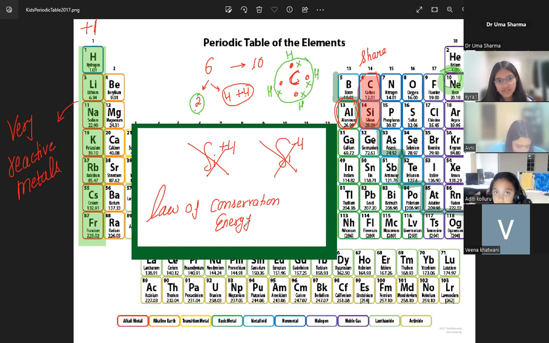Okay? So the energy of the complete universe is conserved. So the sun's energy would also be part of the energy of the universe. Yeah, we are receiving from nature, and that energy is converted into photosynthesis. Food is manufactured by that energy, and that food you are eating, and that food is giving you energy, right?